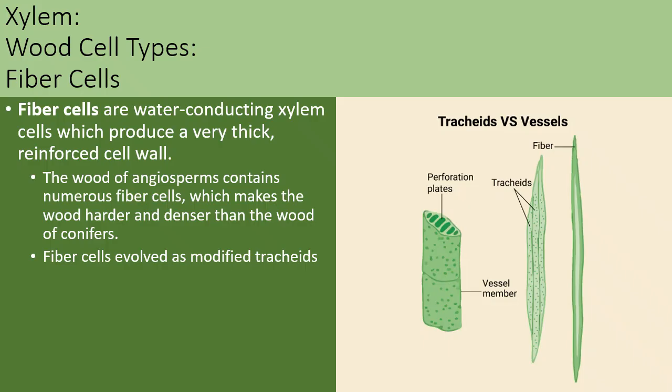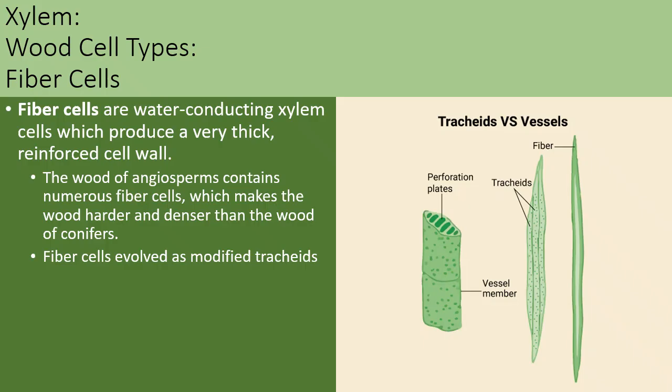Fiber cells are basically the workaround for the density problem that a tree would have by having wood composed of vessel elements. Because vessel elements have such a large lumen or such a large space inside, wood that is composed of vessel elements is very lightweight and not very dense, which means it's also not very strong.